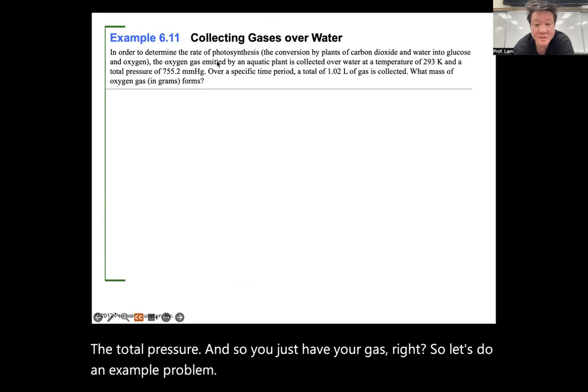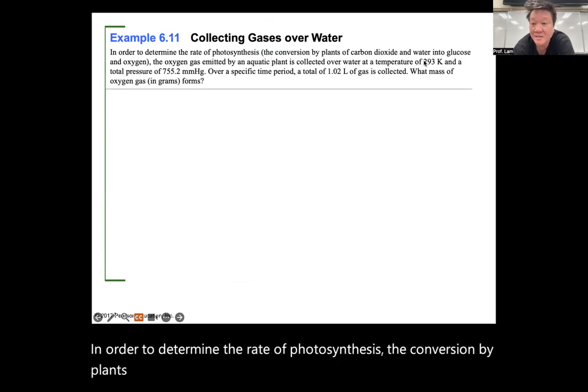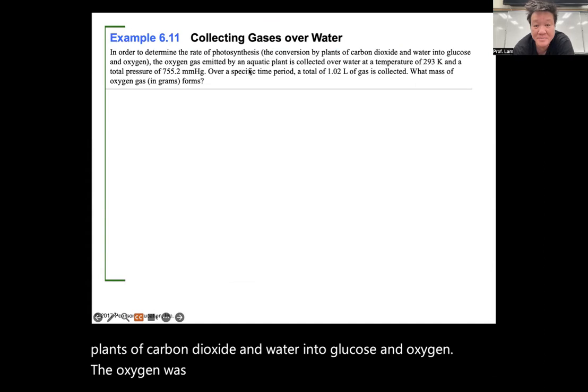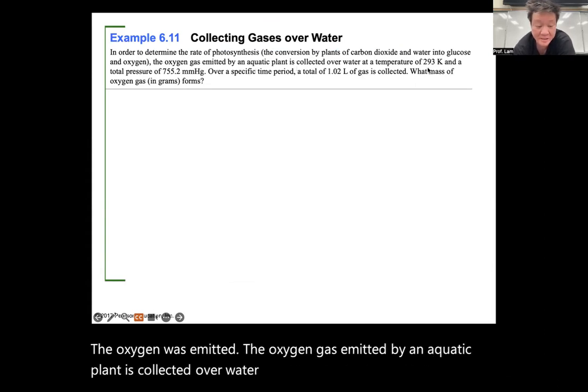In order to determine the rate of photosynthesis, the conversion by plants of carbon dioxide and water into glucose and oxygen, the oxygen gas emitted by an aquatic plant is collected over water at a temperature of 293 Kelvin.